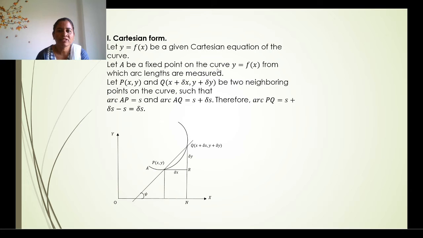Let A be a fixed point on the curve y is equal to f of x from which arc lengths are measured. This is a fixed point on the curve from which we consider the arc length.